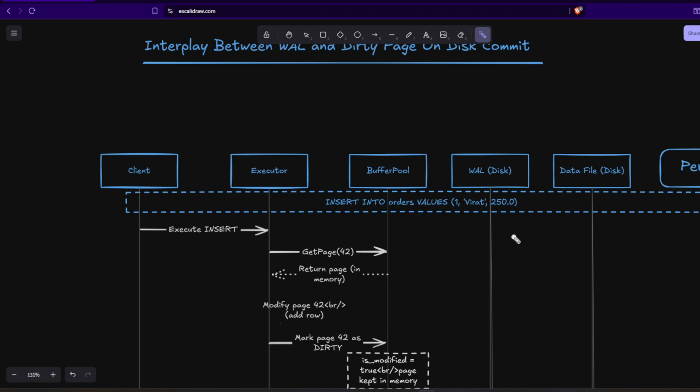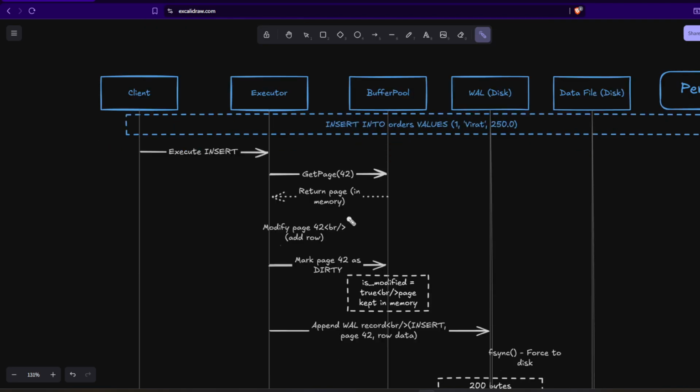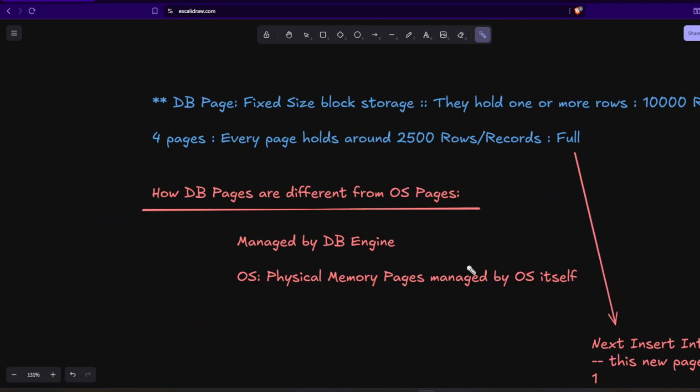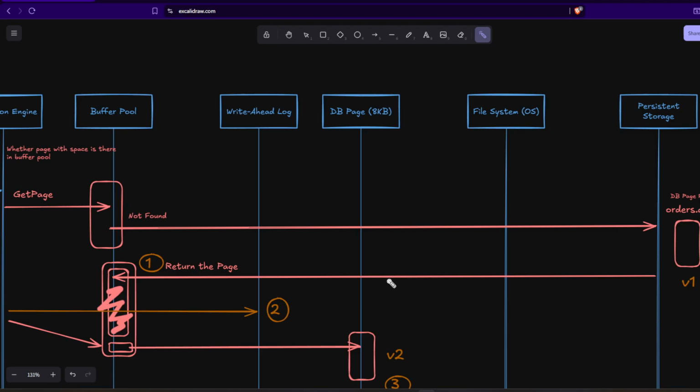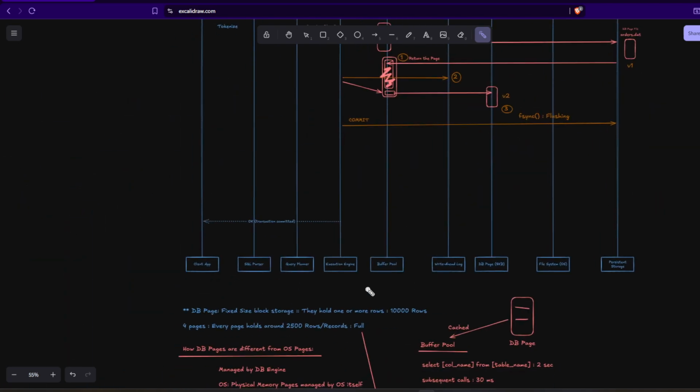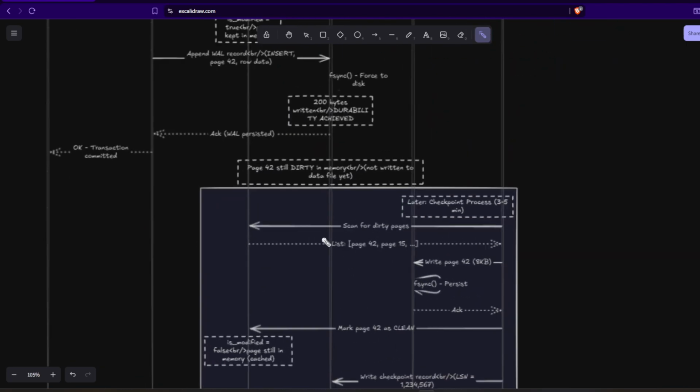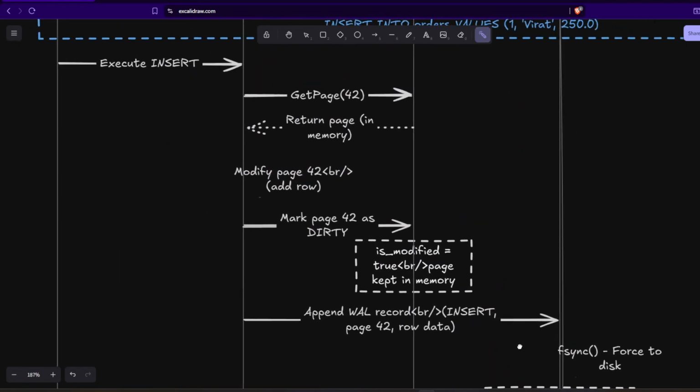If it does not exist, what would happen? It would get the data from the persistent storage, store it in the buffer pool, and then return it. Just to make it simpler, we are assuming it exists in the buffer pool. To clarify, if it is not there, it will go to the actual persistent storage and come back to the buffer pool.